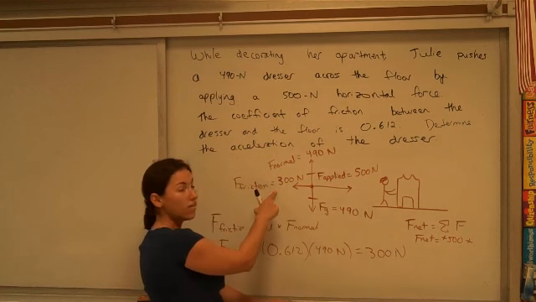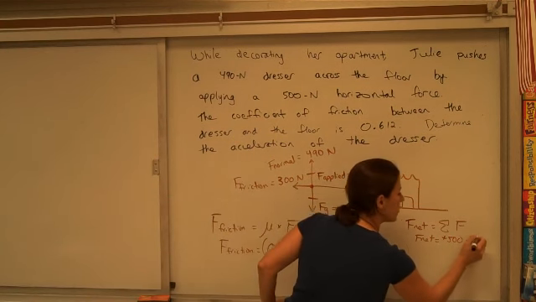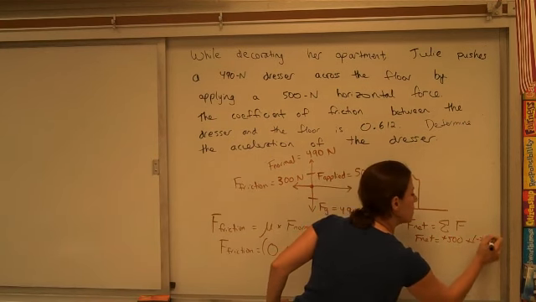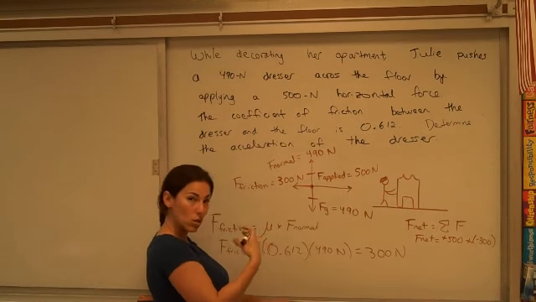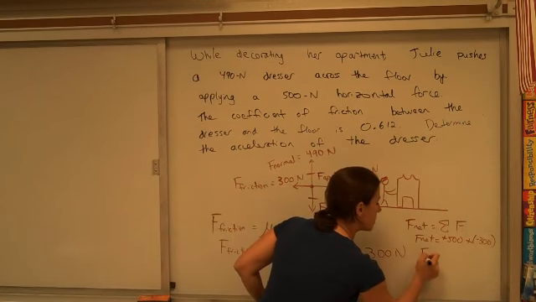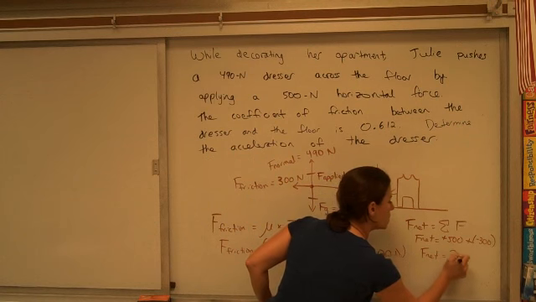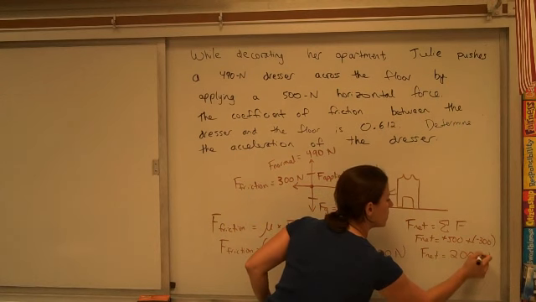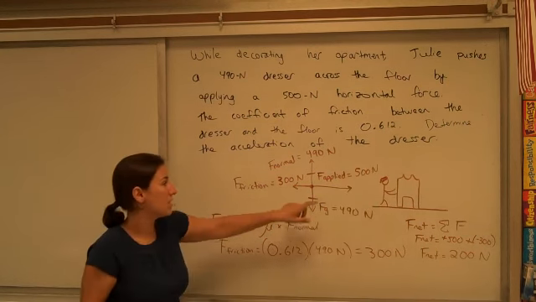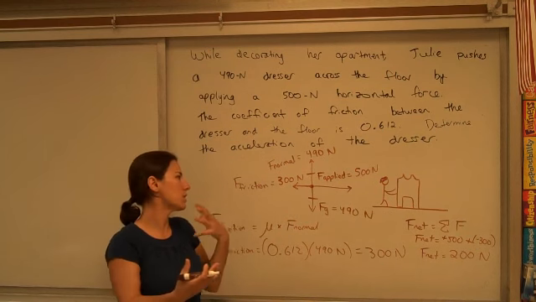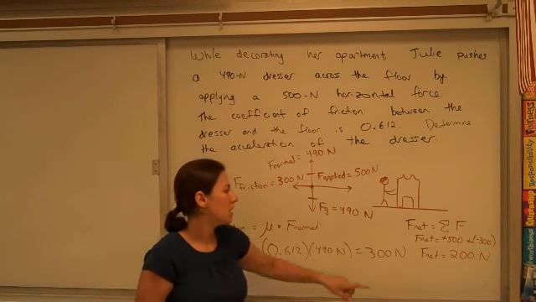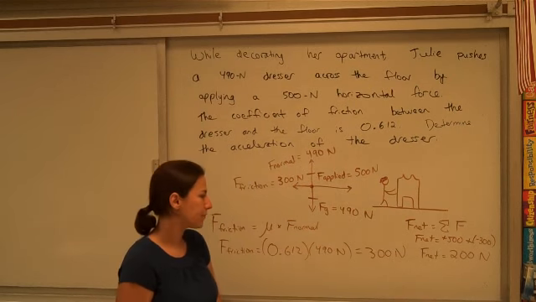And there's a leftward, so we'll call that negative 300 newton force. So that total horizontal force is 200 newtons. Because there's friction, it's going to accelerate a lot less than you might expect from that 500 newton force, because that friction kind of reduces the effect, brings down that net force.